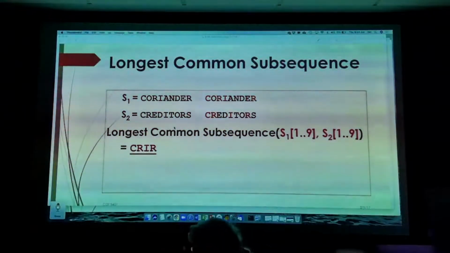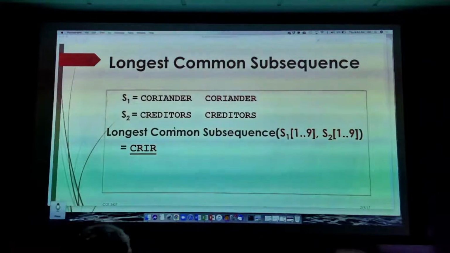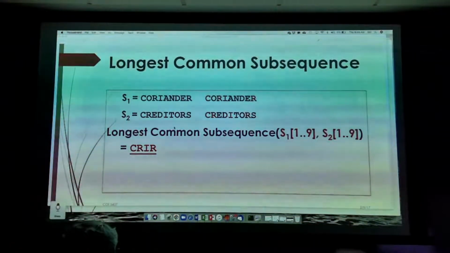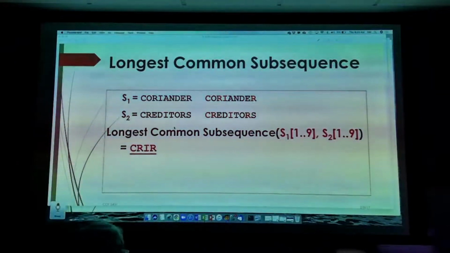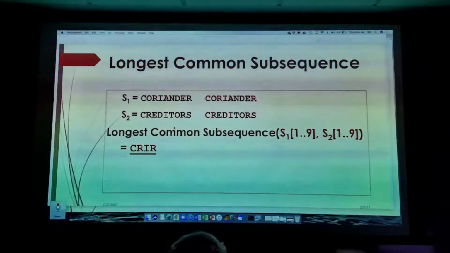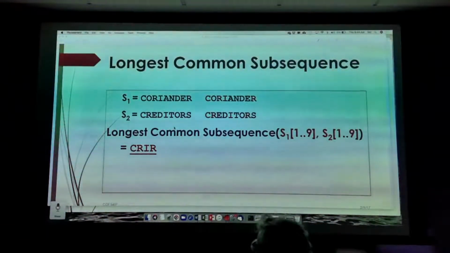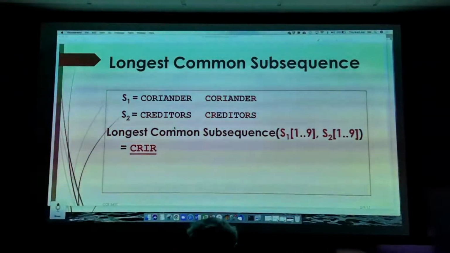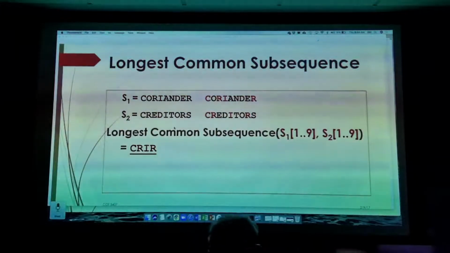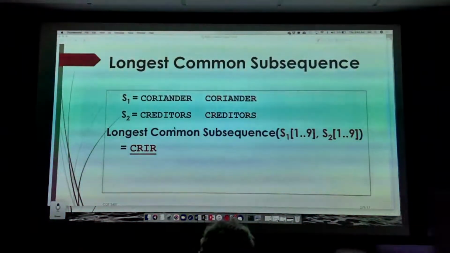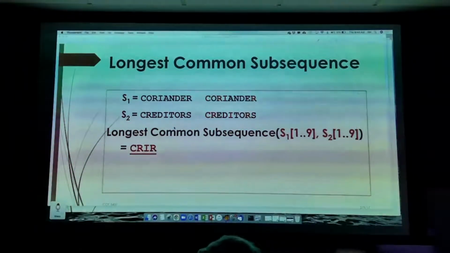But in all of this, when we write the recursive solution, we will get what's called a recurrence relation, which is going to be the mainstay of the dynamic programming approach. So when you think of dynamic programming, the thing you need to think about is a recurrence relation. The moment you have a recurrence relation, you can design a recursive solution.